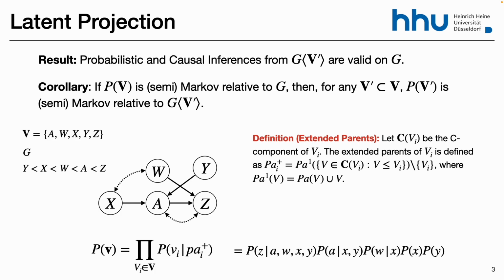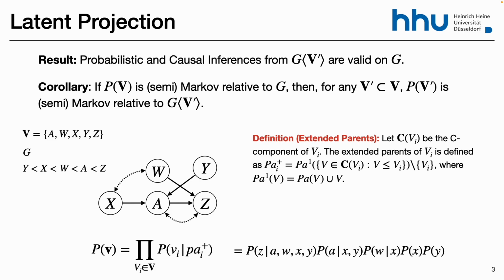Just an example, for Z, the extended parents are the parents of all variables that are part of the confounding component. So the confounding component is Z and A. The parents of A are X and Y, so that's why we have X and Y. And also Z is a parent, so we add here A, Z, A, X and Y is just the part of the A that's part of the C component, and then W is just another parent.